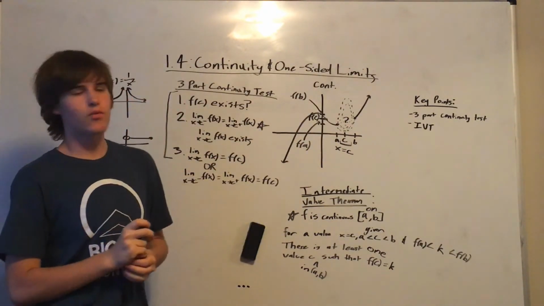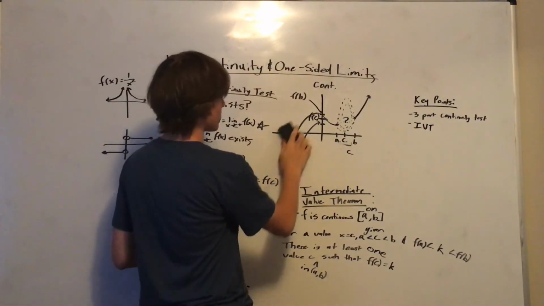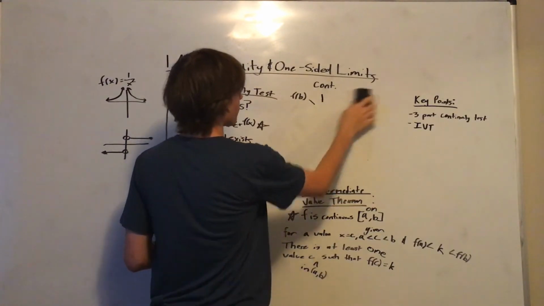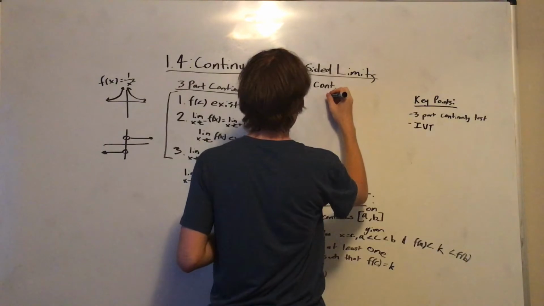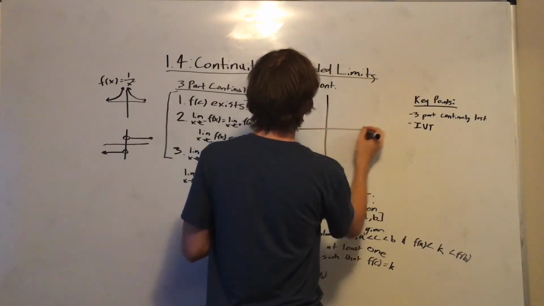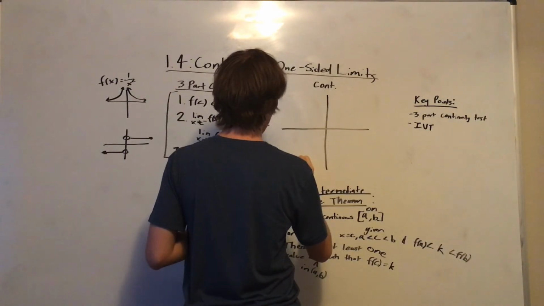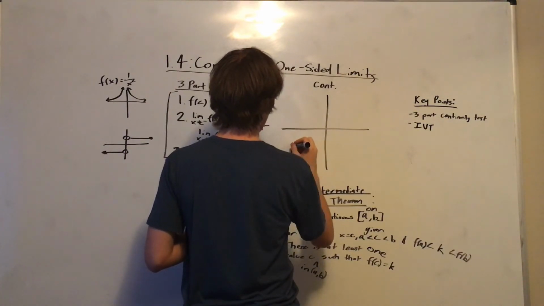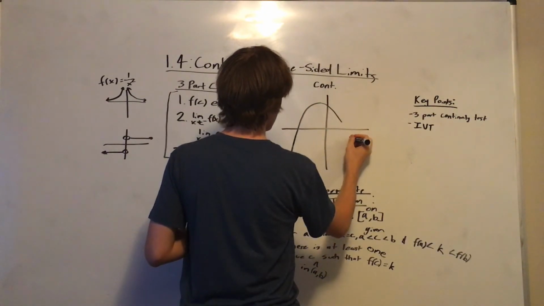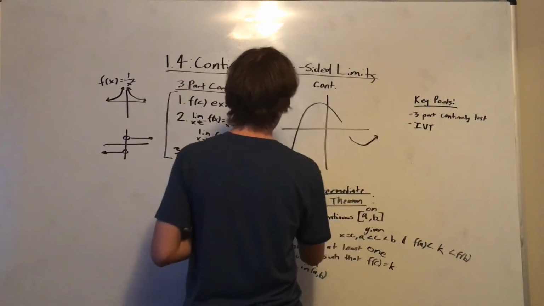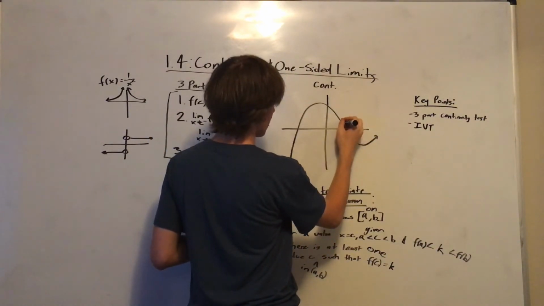So another really important application of the IVT, I want to show that really quick before we end off for today. If you have a function that looks like this, but we don't know what's going on in between here.